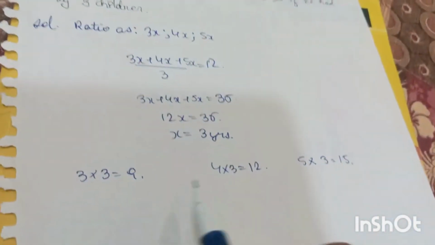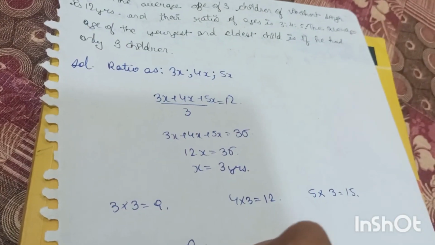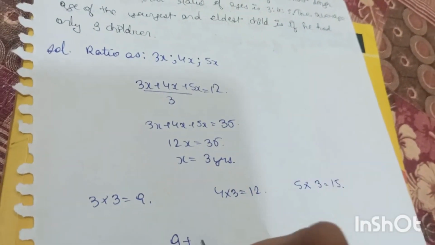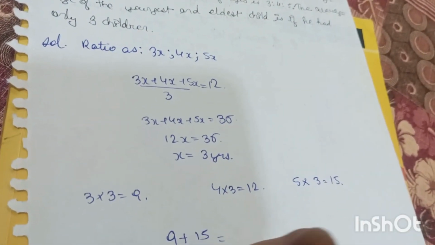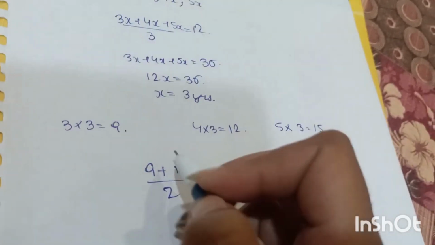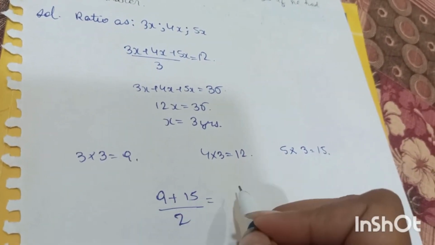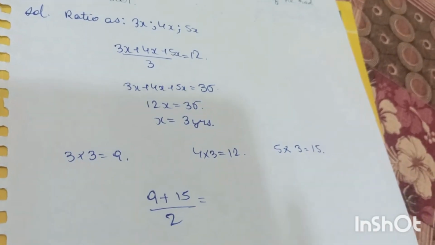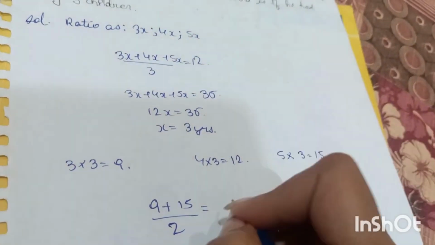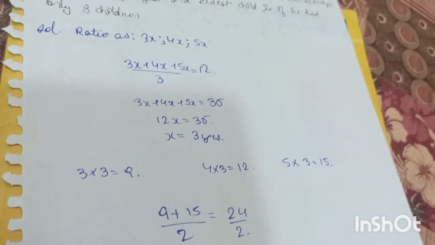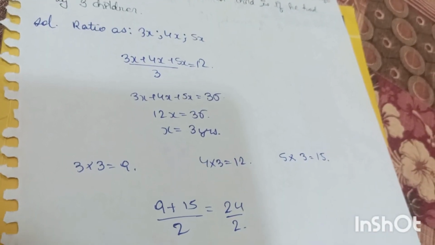So the youngest is 9, plus the eldest is 15, upon 2. Why this? Because you know the average formula. So when we add it, you'll get 24 upon 2. So the average will be 12 years.